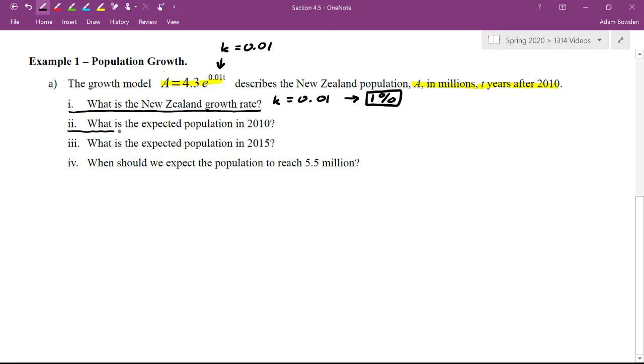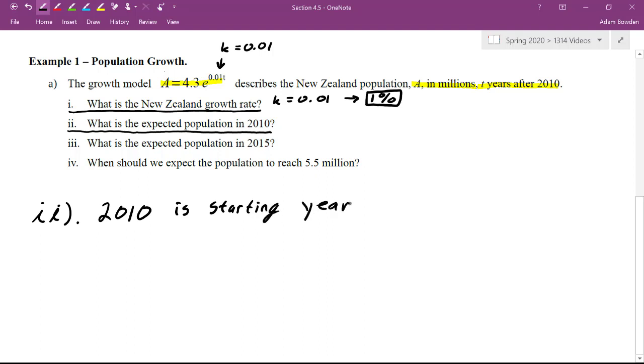The next question is, what is the expected population in 2010? Well, 2010 is the starting year. So looking at that as the starting year, we can look at our function and see that 4.3 stands for what we call A naught, which is the starting amount at the initial year.